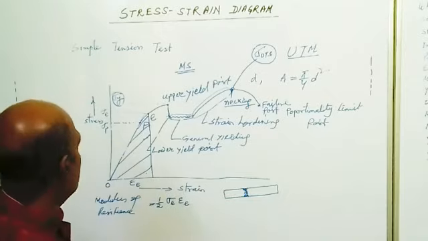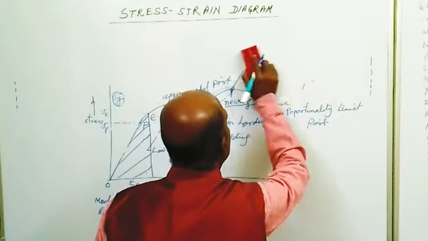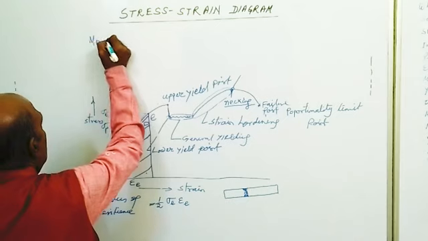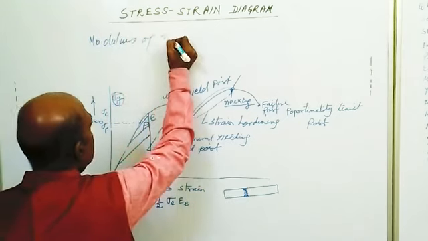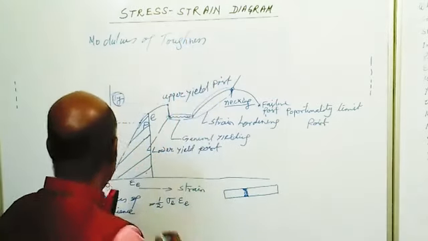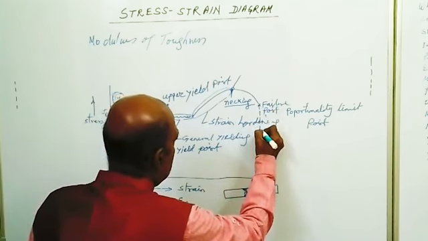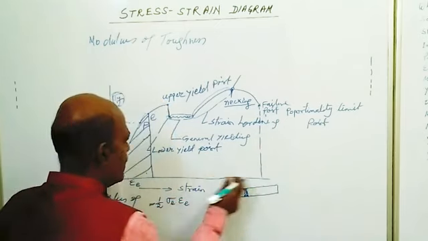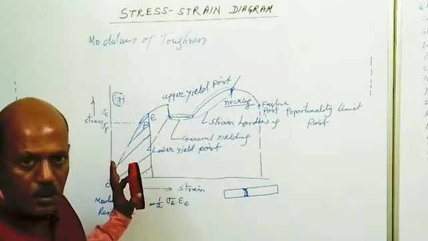Another important point we know from here is modulus of toughness. Now if we see the energy absorbed by the body per unit volume up to failure point, it is given by the area under stress strain curve up to failure point.